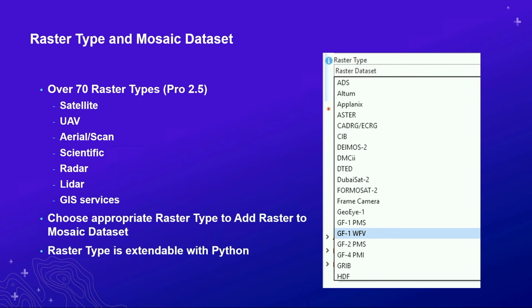Now, this is not the focus of this workshop, but I do want to mention that if you find a new type of sensor or new type of data that is not covered by the existing raster types that we have in ArcGIS, you can use Python to write a custom raster type. You can search more about custom raster types in our online help, but this is not the focus of today's workshop.